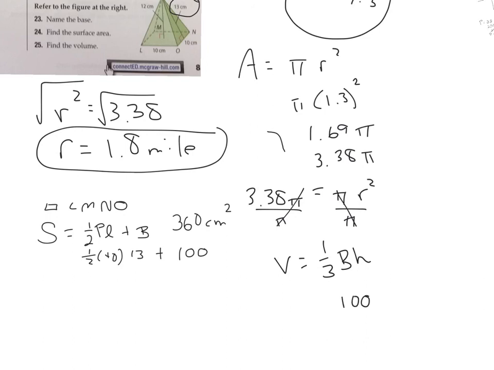The height of our pyramid goes from the top vertex down to the base, perpendicular to the base, which in the figure is 12. So we're going to take 1/3 times 100 times 12. Well, I know 1/3 of 12 is 4. So 4 times 100 is 400. So the volume then is going to equal 400 centimeters. And remember, when you do volume, it's cubed. Okay.